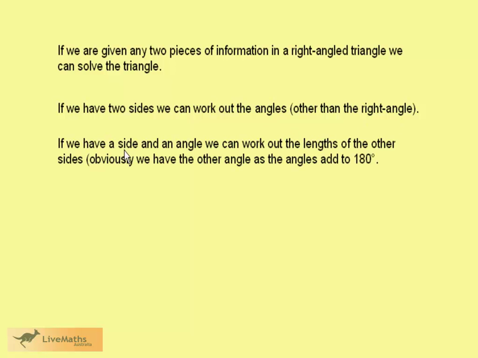If we have a side and an angle, we can work out the lengths of the other sides. Obviously we'd already know the other angle, as the angle sum of a triangle is 180 degrees. We will see how all of this fits together in the examples that follow.